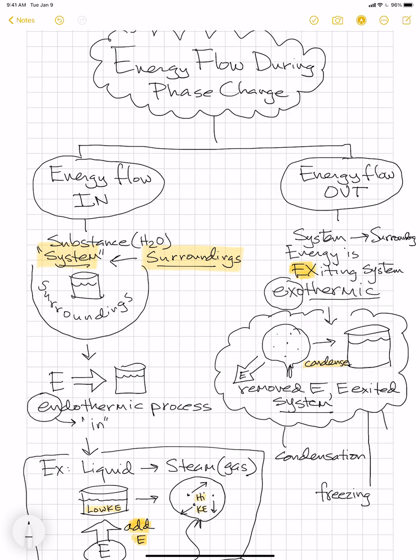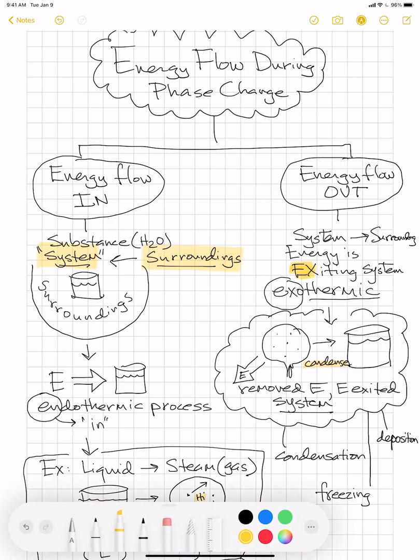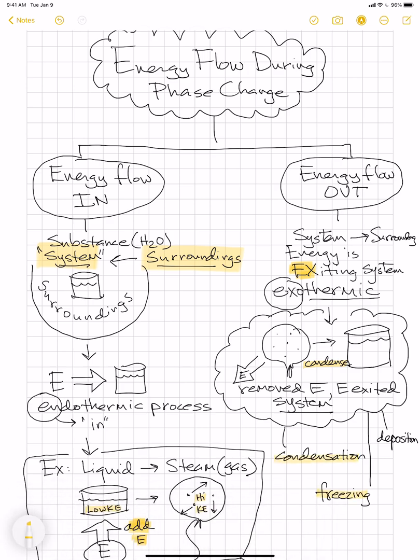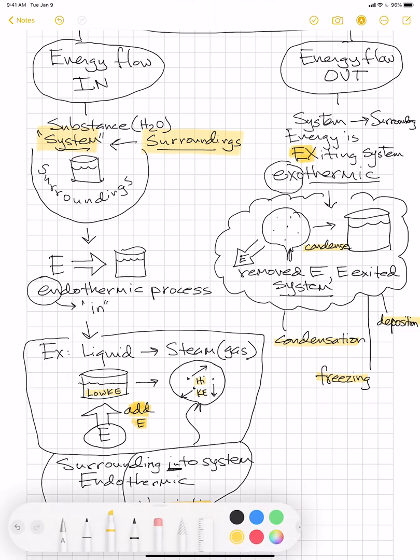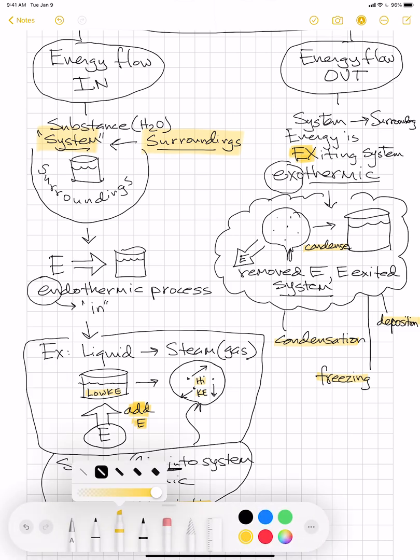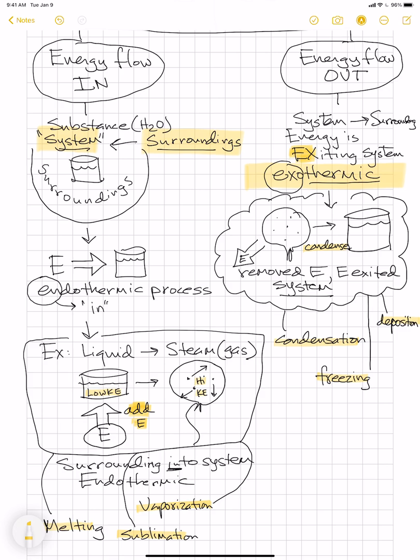And then there's the funny one that skips the liquid phase called deposition. So what you've got here are three changes of state that are exothermic, and then these are endothermic.